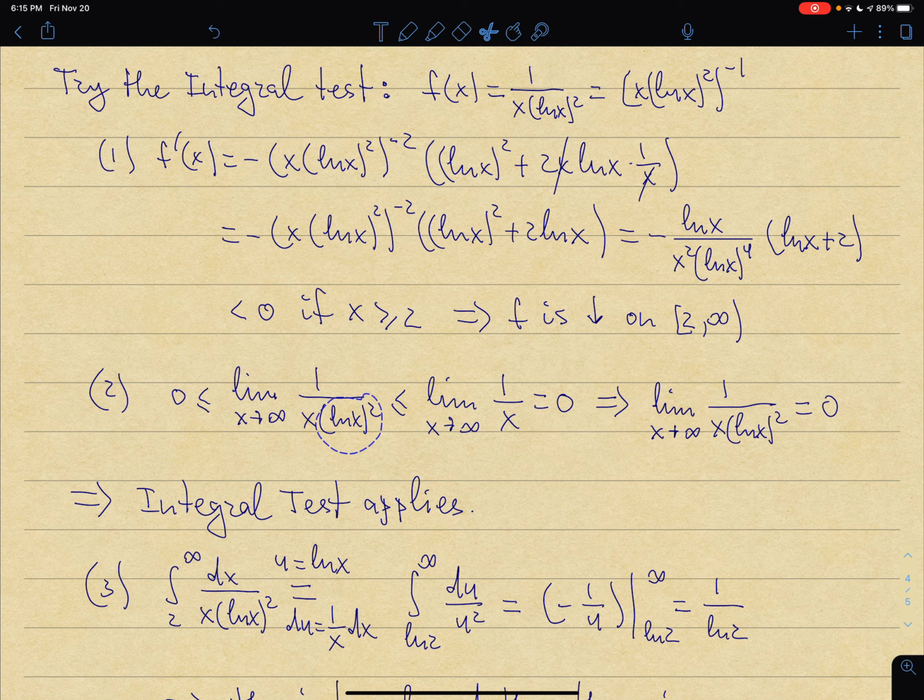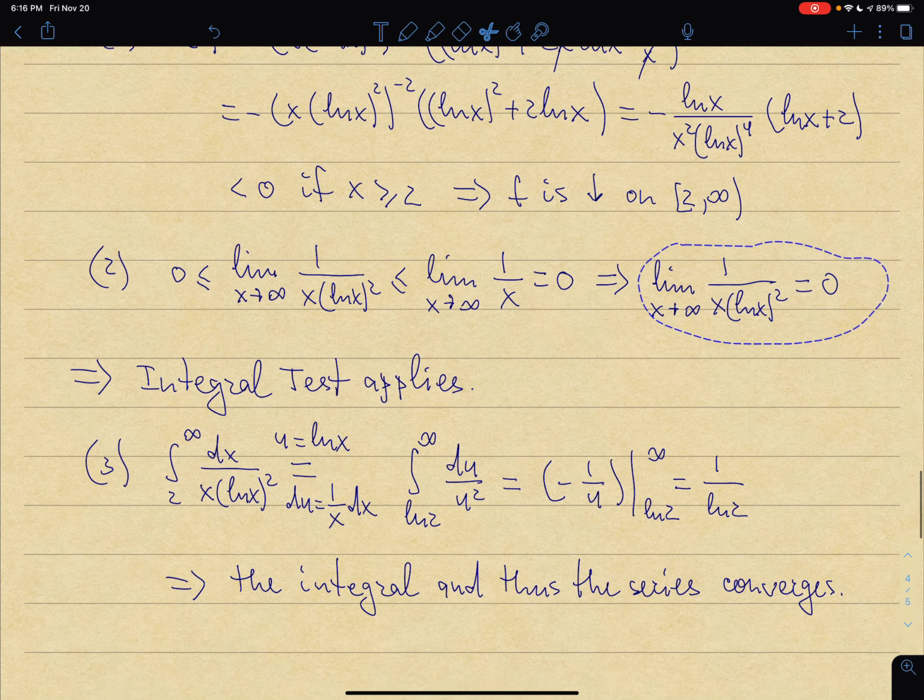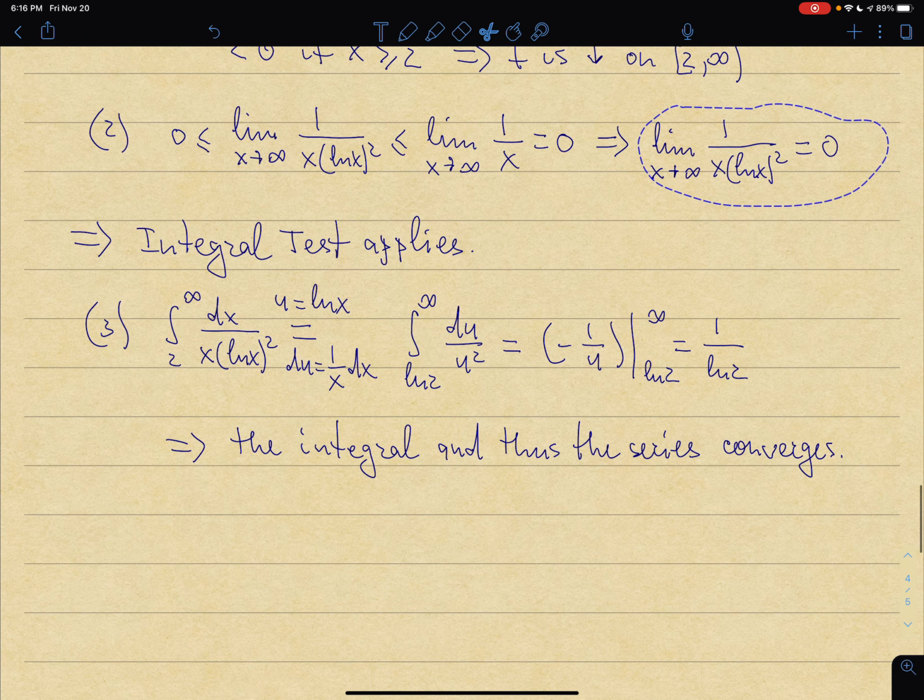So this function is less than 1 over x, because you're dividing by something greater than 1. And the limit of 1 over x when x goes to infinity is 0. And this is a positive number. So by using the squeeze theorem, we see that this limit is equal to 0. So both conditions of the integral test are satisfied. Therefore, it applies, and the only thing left to do is to evaluate the integral.